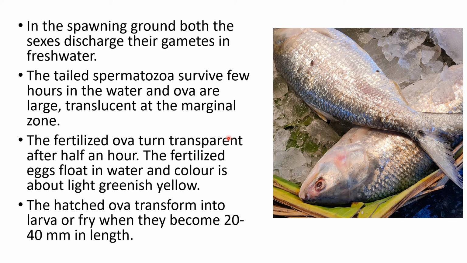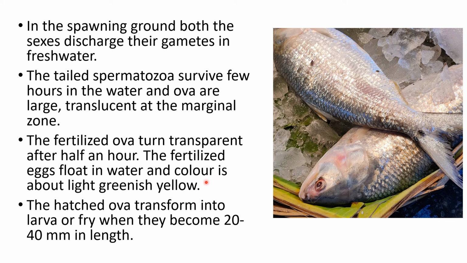The tailed spermatozoa survive a few hours in water, and ova are large, translucent at the marginal zone. The fertilized ova turn transparent after half an hour. The fertilized eggs float in water, and the color is light greenish yellow.